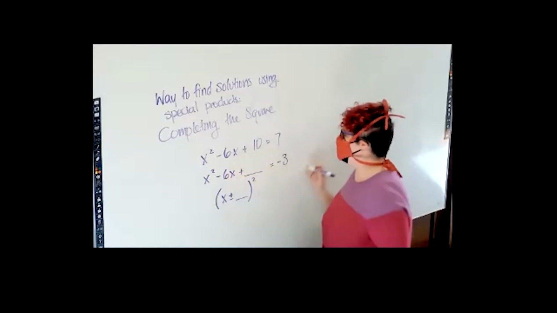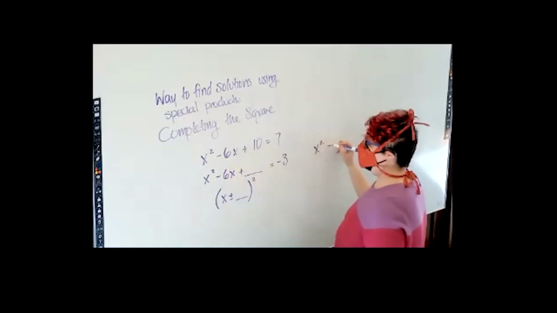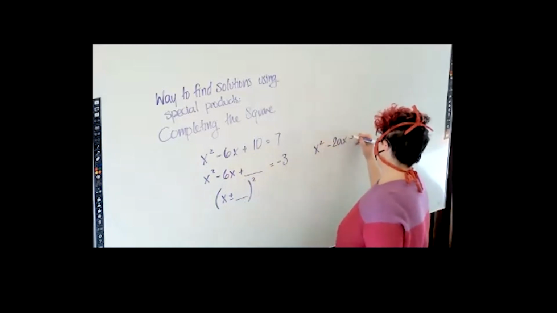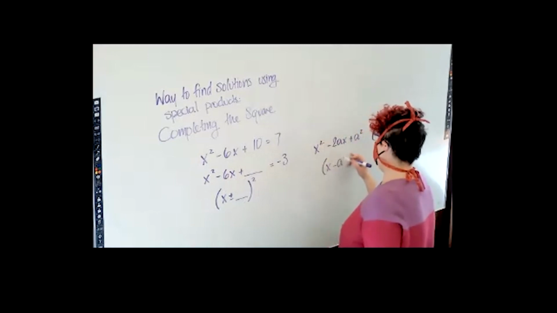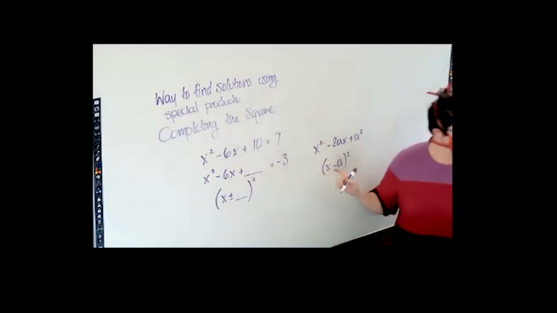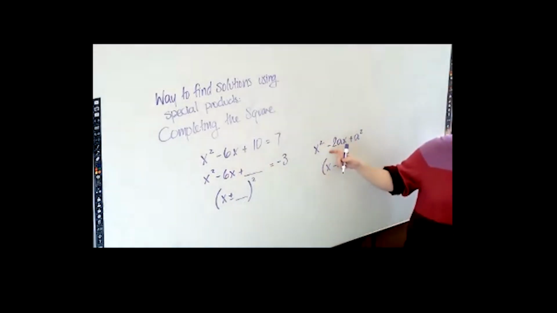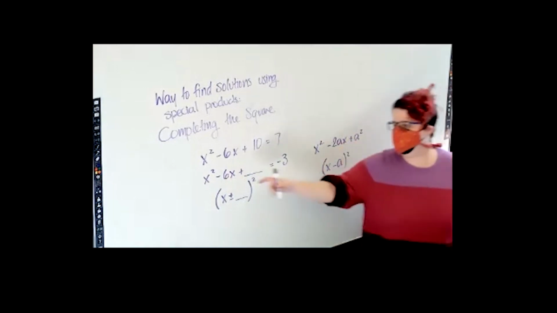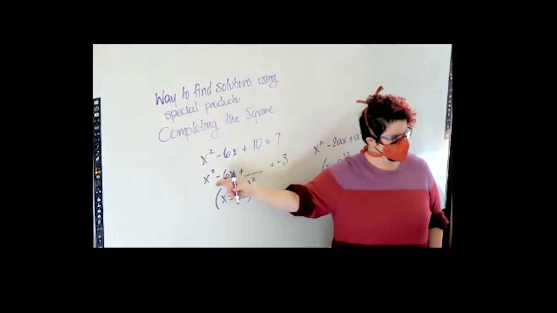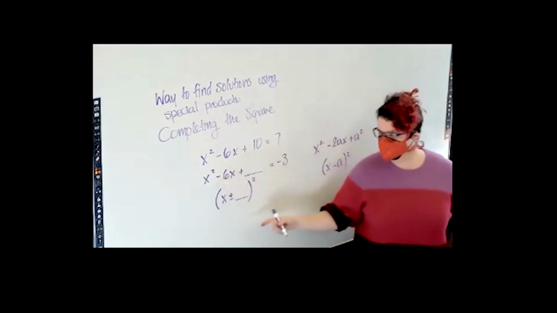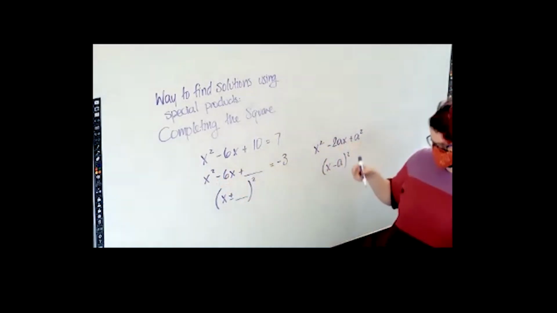Like we have x squared minus 2ax plus a squared becomes (x minus a) squared. This is the general term. So we have -2a is -6, so a is 3. To get that -6, we need to be plugging in 3.